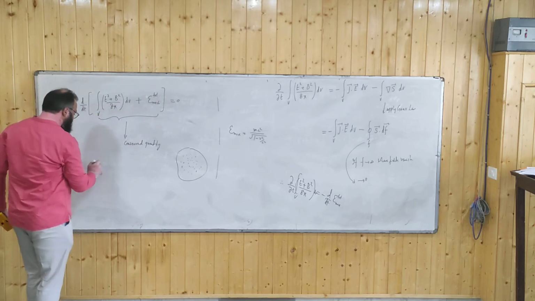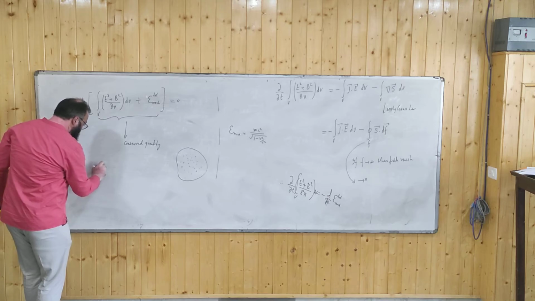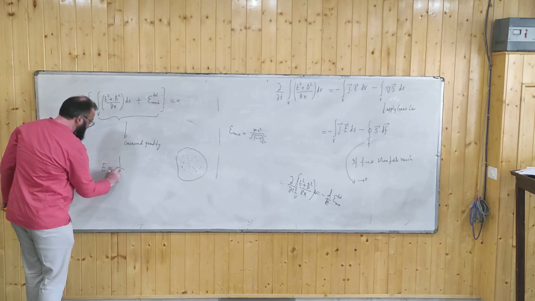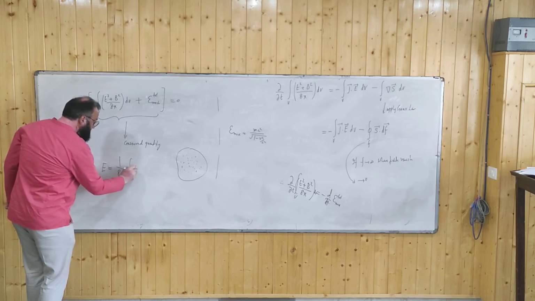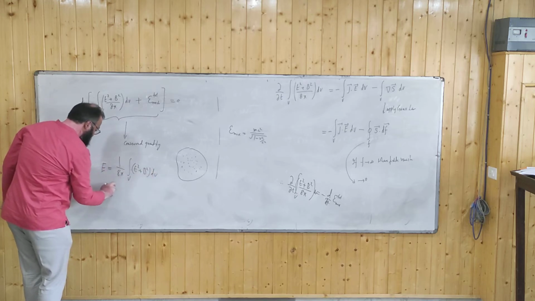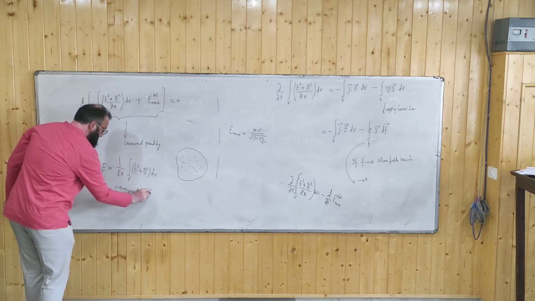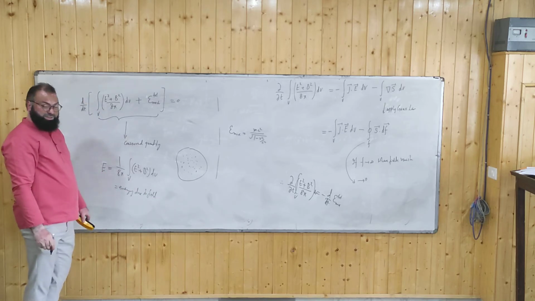So we write, let's say, E to be the energy of the field, 1 by 8 pi integration E square plus B square. So this is the energy due to the EM field.